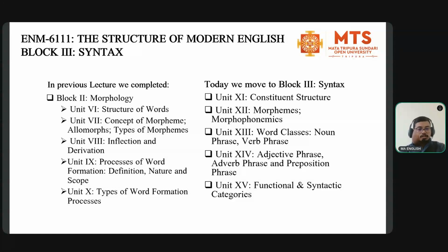In the previous lectures, we have completed Block 2, morphology. In that block, we discussed how words are built from smaller meaningful units called morphemes. We learned about the structure of words, types of morphemes, allomorphs, and the difference between inflection and derivation. We also discussed word formation processes like derivation, compounding, conversion, clipping, blending, acronym, and borrowing.